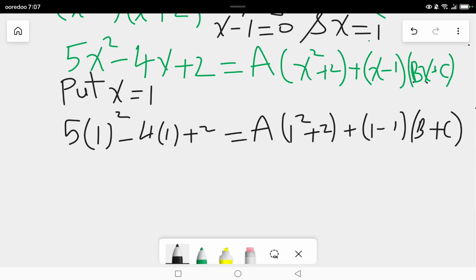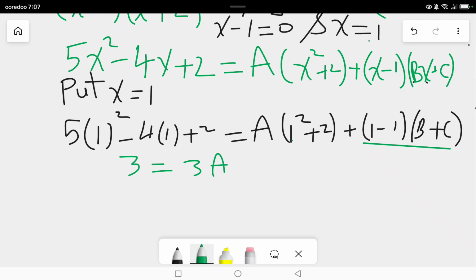After simplifying, you can write directly that it is equal to 5. 1 square means 1, so that will be 5 minus 4 plus 2. 5 plus 2 is 7, 7 minus 4 is 3, equal to 1 square is 1, 1 plus 2 is 3a. 1 minus 1 equals 0, so all became 0, so no need to write.